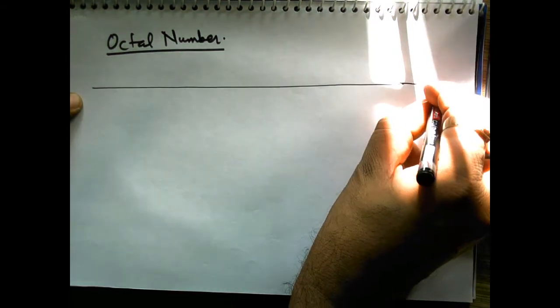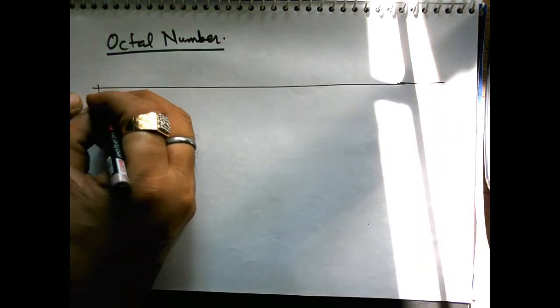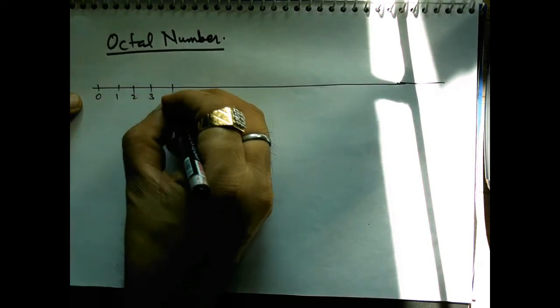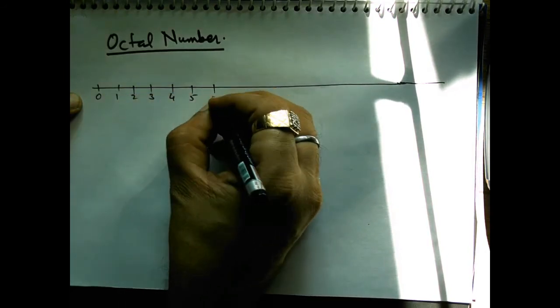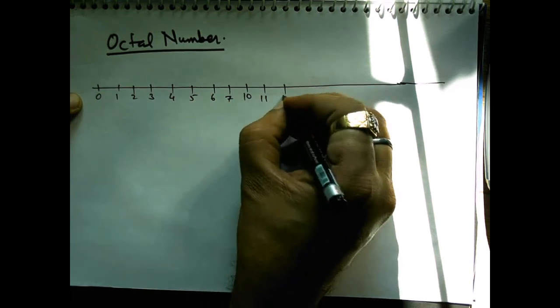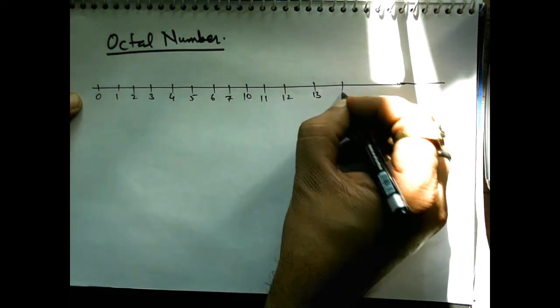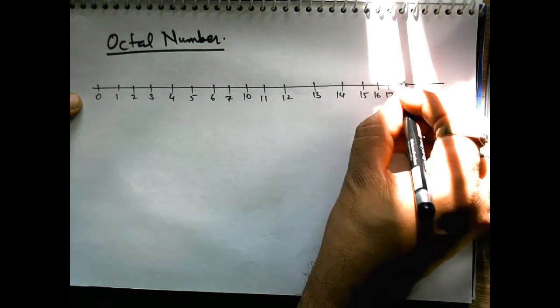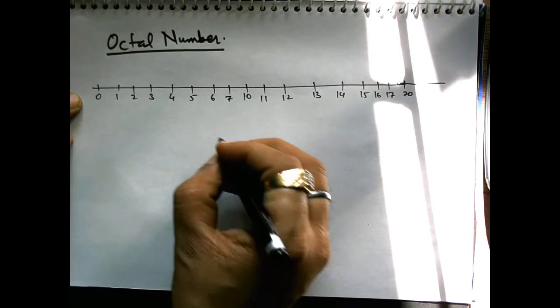We can write down the number line of octal numbers like this: 0 1 2 3 4 5 6 7, then 10 11 12 13 14 15 16 17 and 20 and so on.